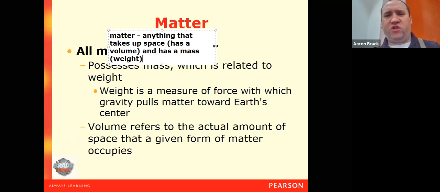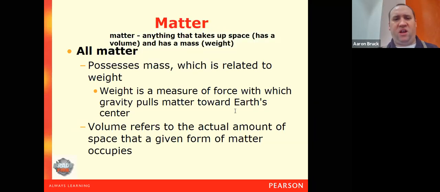So this is kind of our traditional definition of matter.